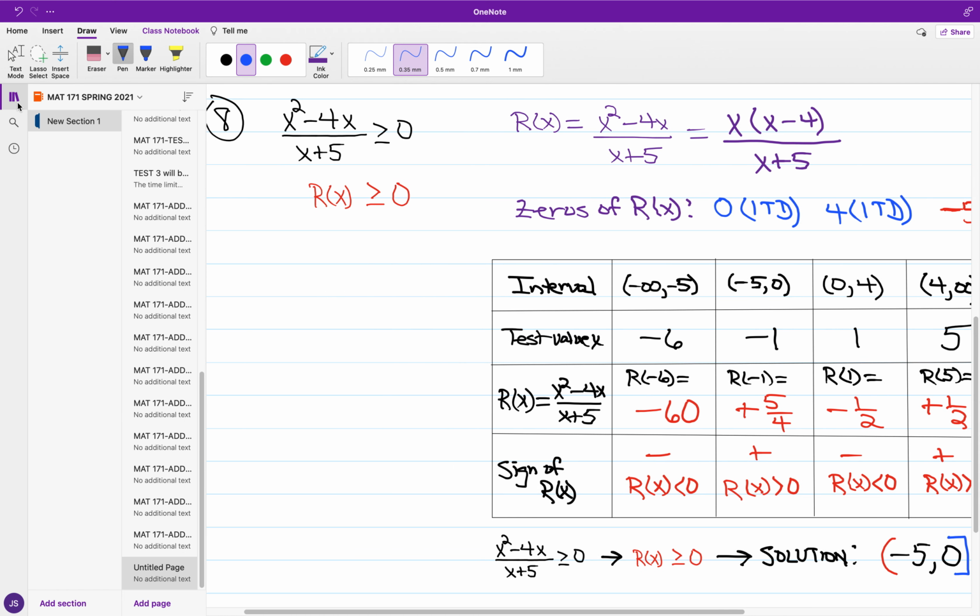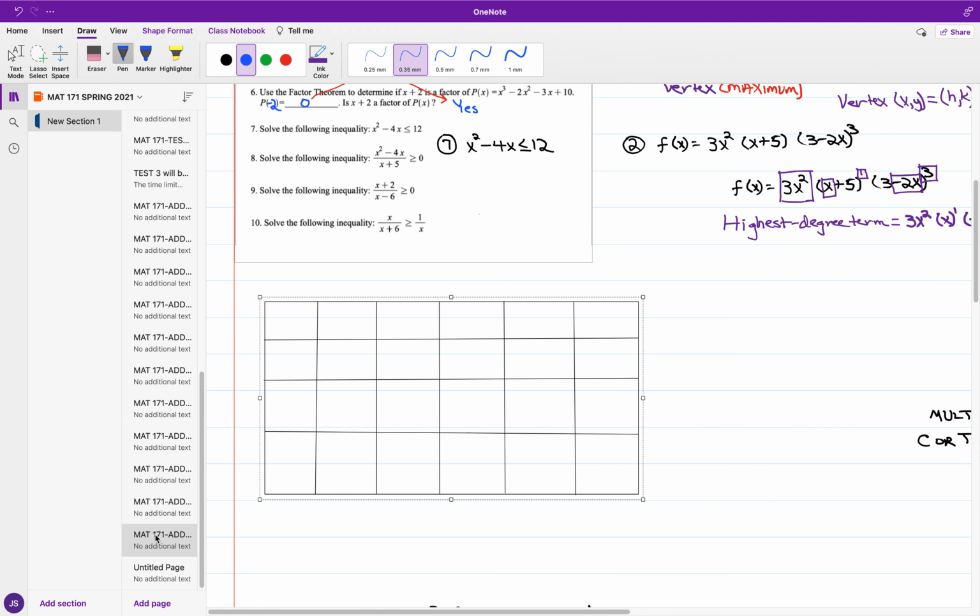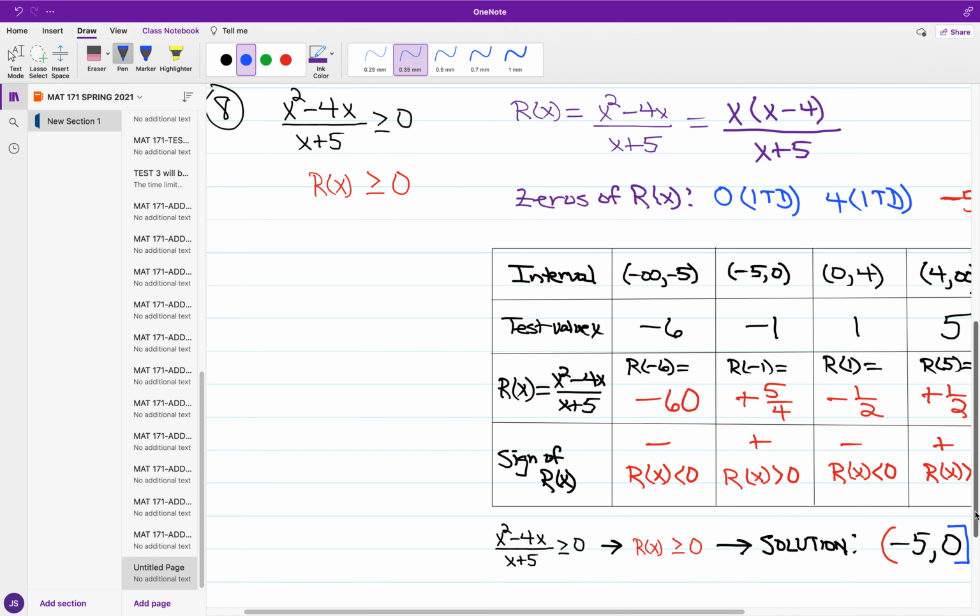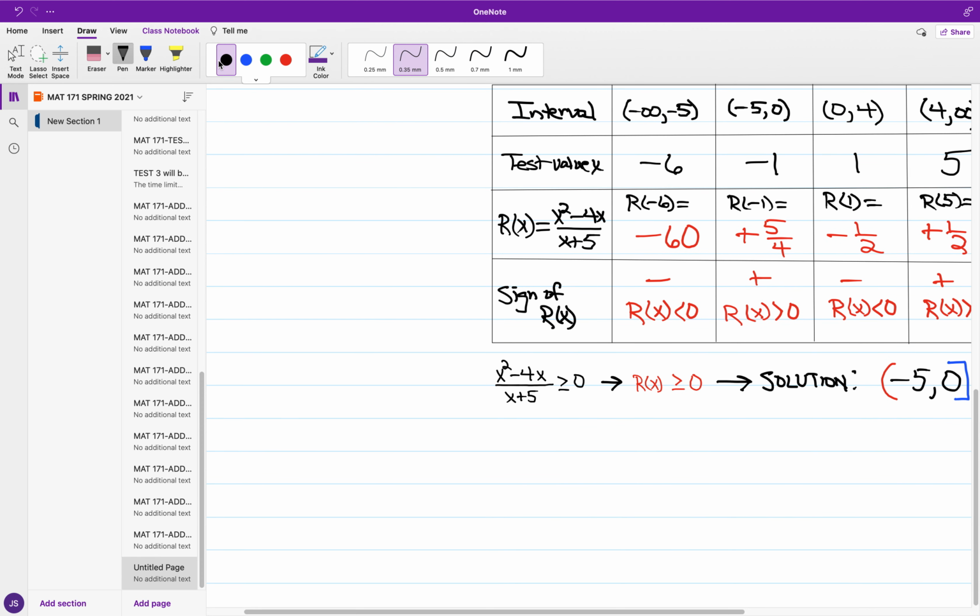And now for what we have in the case of number 9, so you have x plus 2 over x minus 6 is greater than or equal to 0. So you have another comparison to 0, rational inequality.